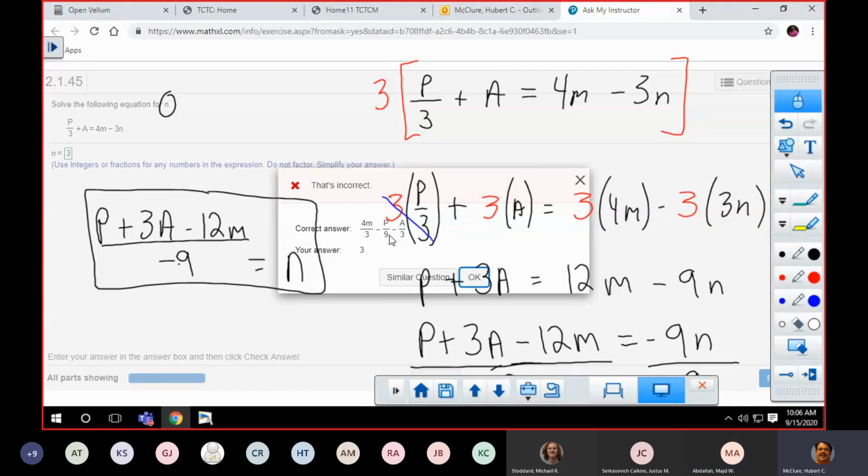I really don't know how. I've never seen it written like this because I would write it 3a over negative 9 plus minus 12m over negative 9 plus p. Or minus whatever. If I had to write it a certain way, I wouldn't write it like this.